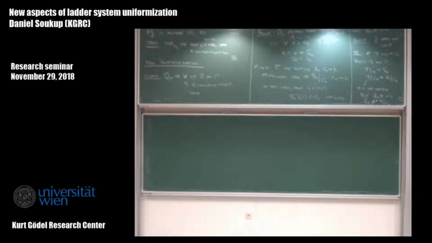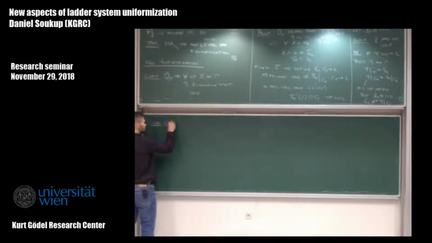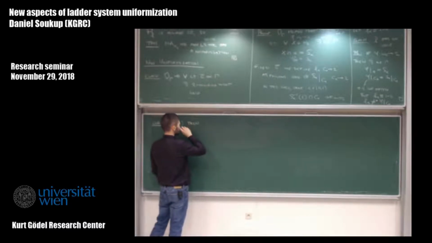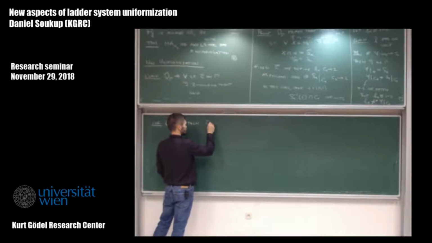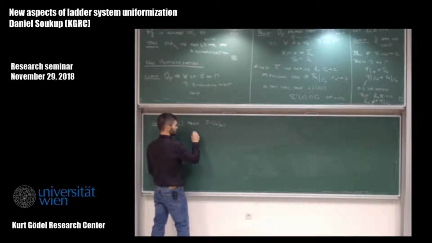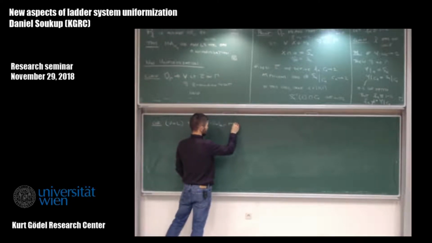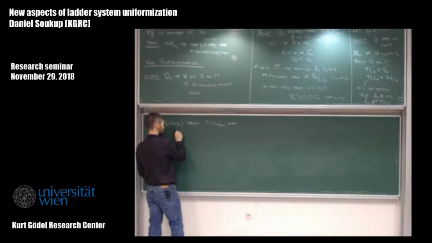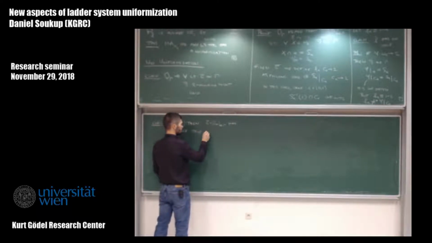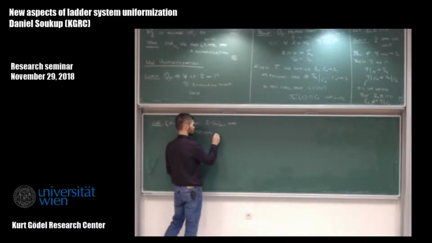But the reason I stated this diamond argument is the corollary that if V equals L, then a coloring on gamma has the uniformization property, or any coloring can be uniformized, if and only if gamma is non-stationary.